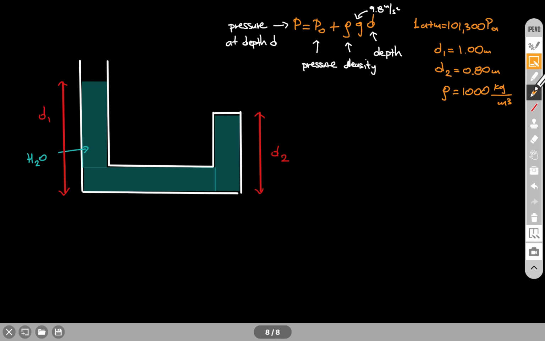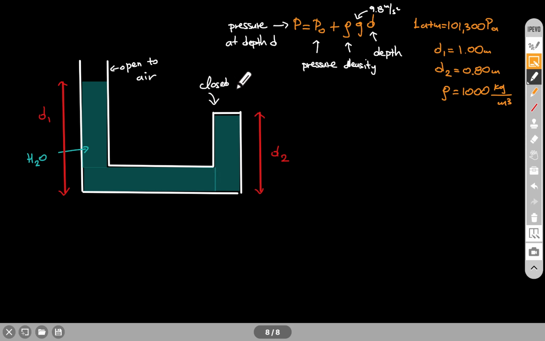Now, moving on to our problem. What I have here is a tube that has this shape, and it is filled with water. So this is H2O. This end over here is open to the atmosphere, but this one is closed.